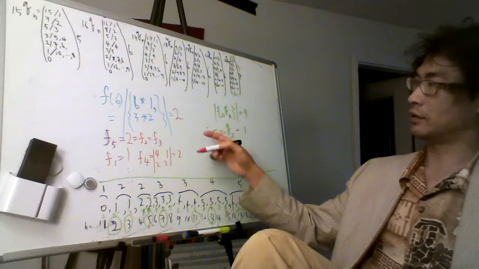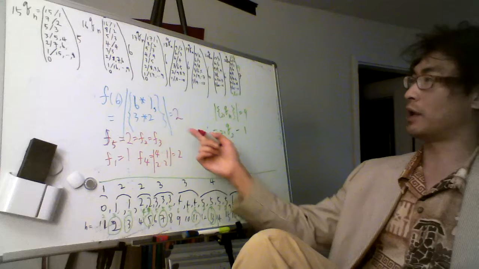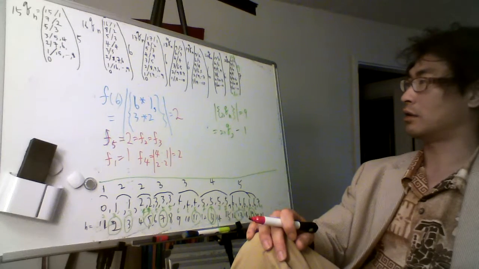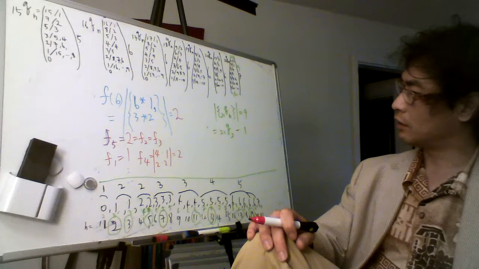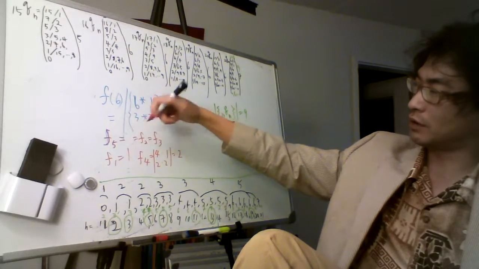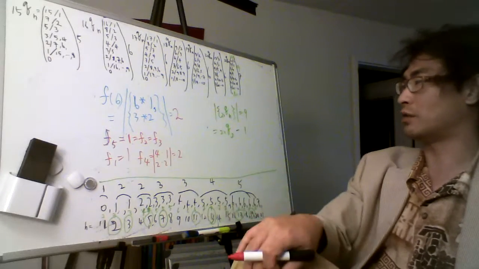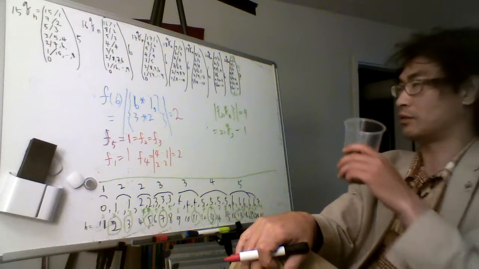How about F6? Well, F6 is as well. Kind of behaves like a prime number, huh? Wait a minute. No, for a prime number it's 1, right? Yes, I'm sorry. For 5, how many ways to express 5? 1 times 5, 5 times 1, so I'm sorry.